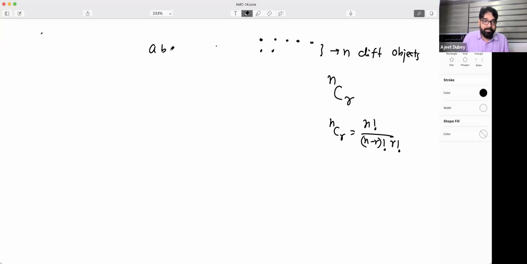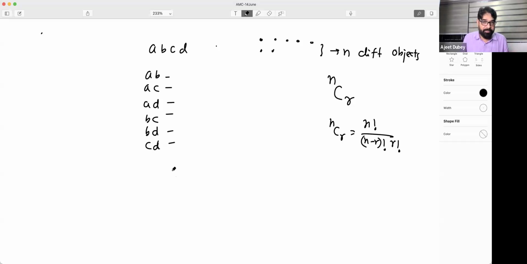For example, if I say A, B, C, D, I want to select two letters. You'll say AB, AC, AD, or BC, BD, or CD. So total 6 options are there. Able to understand?